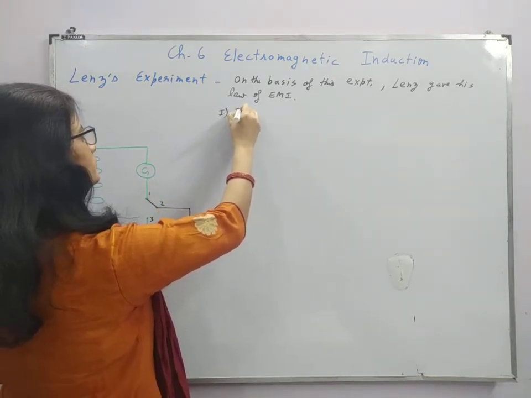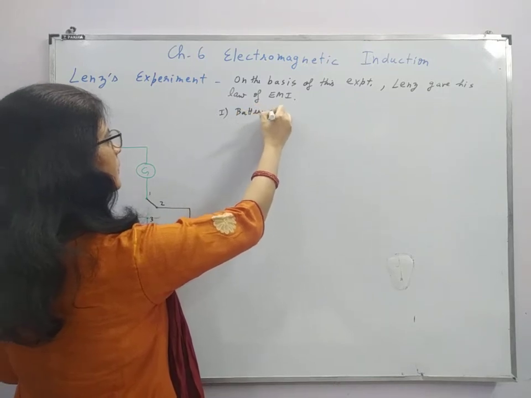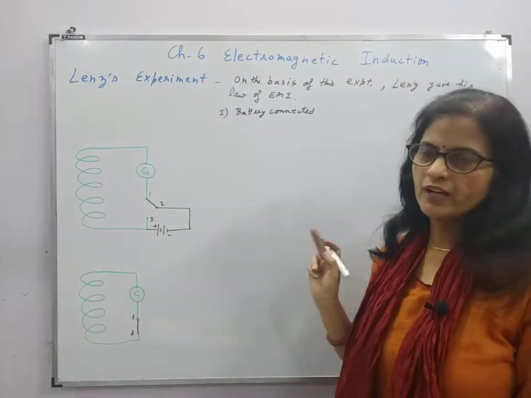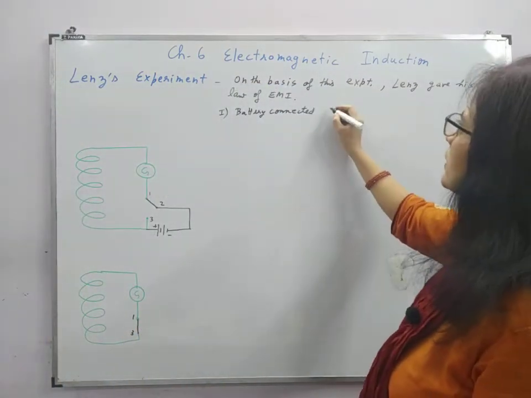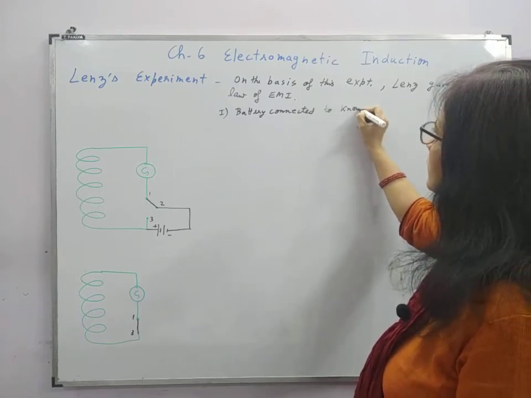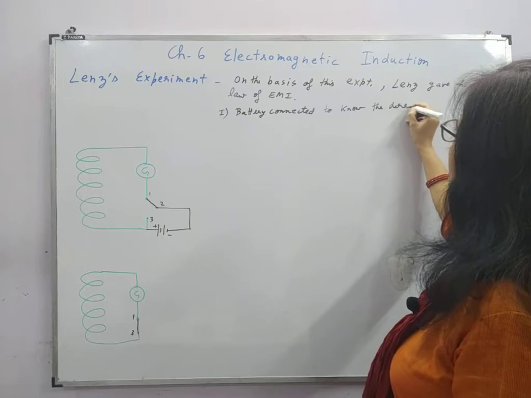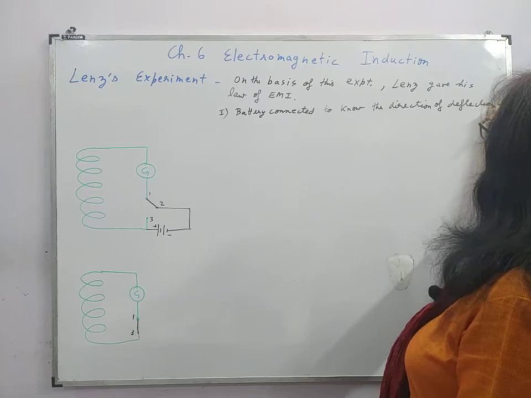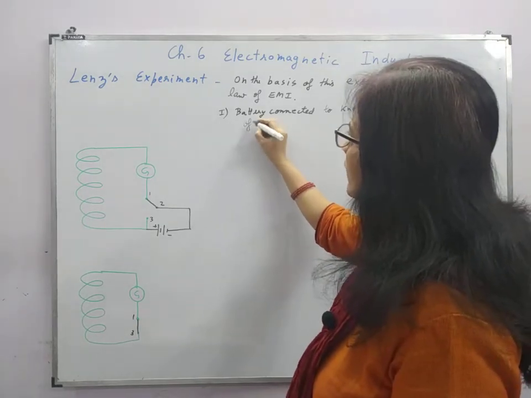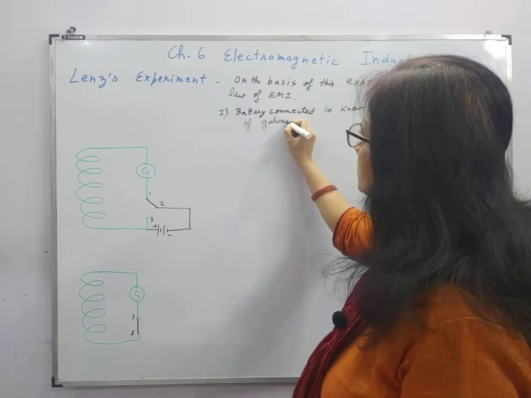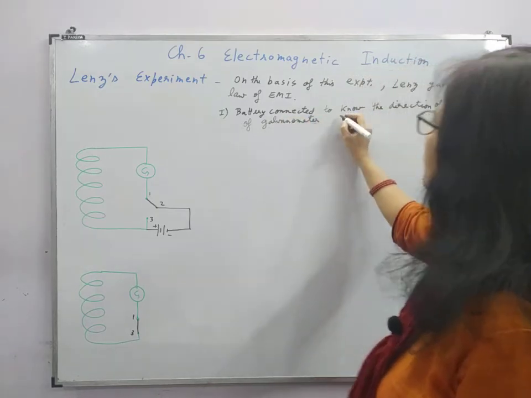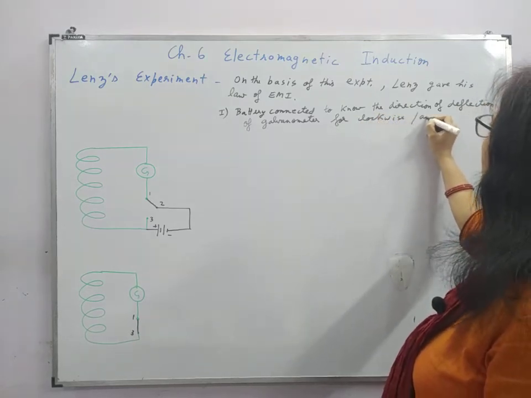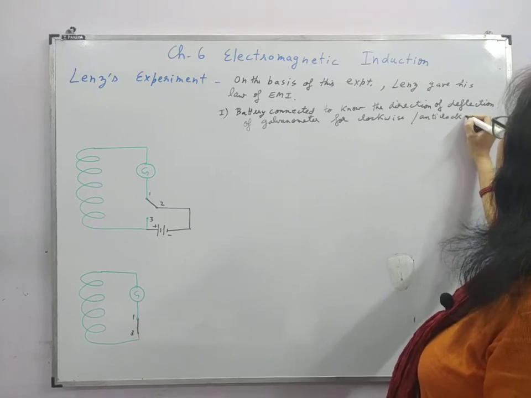First, the battery is connected to know the direction of deflection of the galvanometer for clockwise and anti-clockwise current.